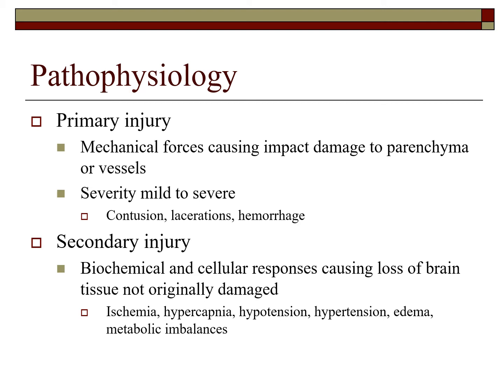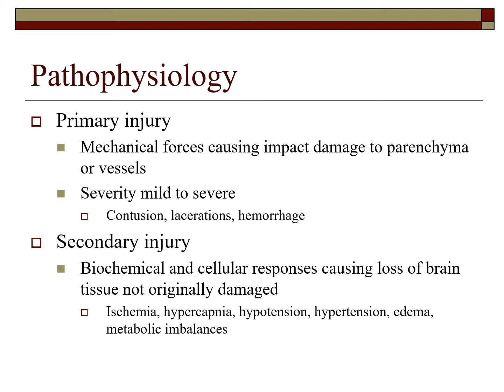There's a secondary injury, however, due to the confined space of the skull and the brain, where different biochemical responses move from the site of injury to the areas around the injury and extend the damage to tissues that were originally not involved in the event. So the ischemia, the high levels of CO2, the low levels of oxygen, you can see a lot of the cellular responses then move to the areas that were not involved in the original injury.